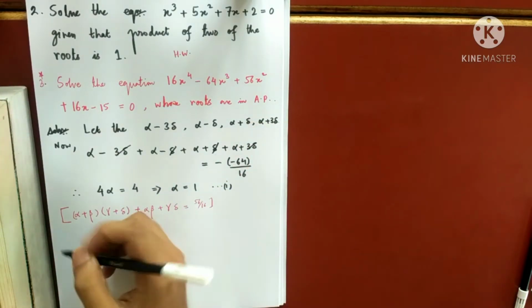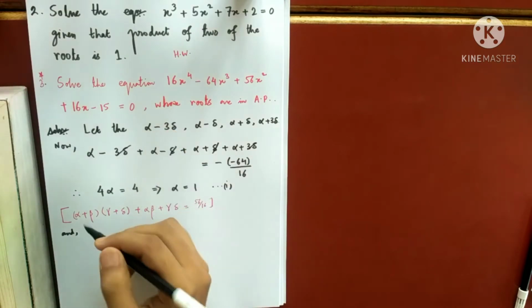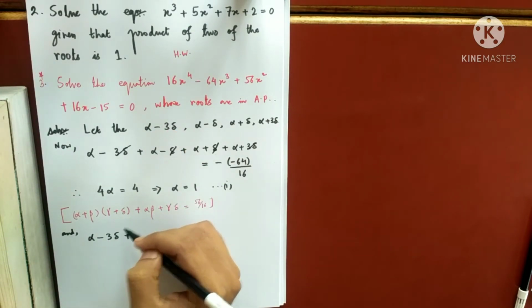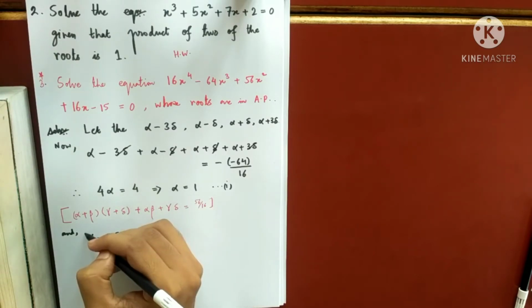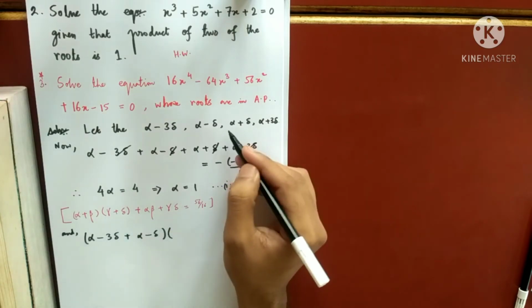So what is my second relation? I will use this relation, but remember the first root is this. So alpha here is alpha minus 3 delta, plus beta here is alpha minus delta, into alpha plus delta, gamma plus delta.